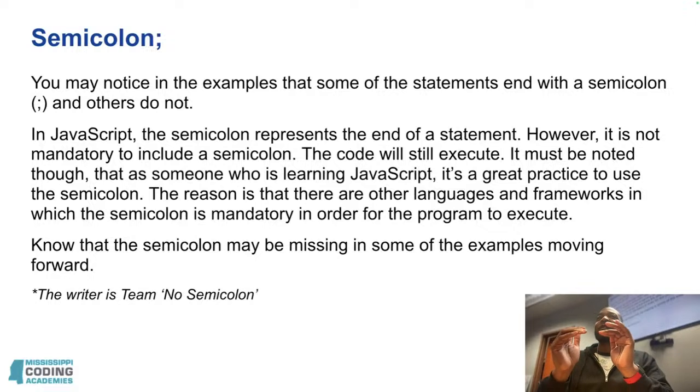Because right now, for you, when you start doing other things, like using Visual Basic, or if you want to use EJS, which is something we'll look at later on, you're using these other frameworks and languages. You're not going to be able to turn on and off when to use a semicolon and when not to. Whereas I can do that because I've been doing this for a couple of years.